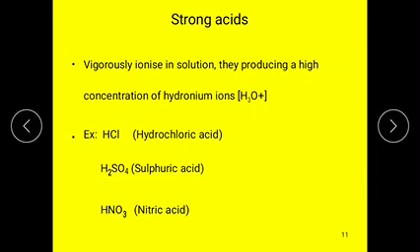These H plus ions are unstable. They combine with water molecules and form the hydronium ion, H3O plus.